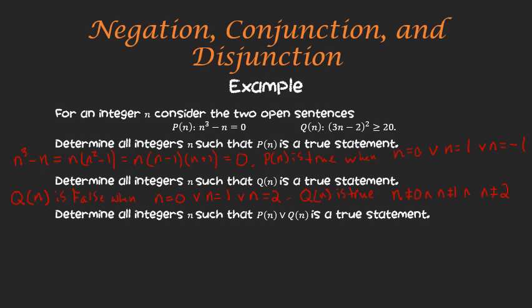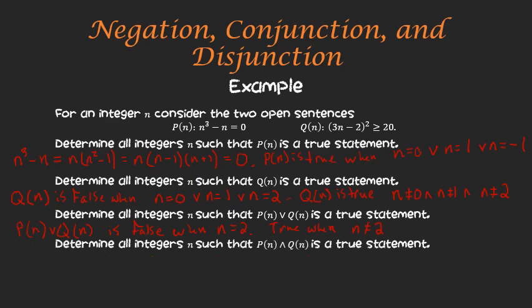So P of n or Q of n, we'll say is false when n is equal to 2. And so it's true when the negation of that happens, so it's true when n is not equal to 2. So it's true for a lot of values. The only thing that messes it up is when n is 2.